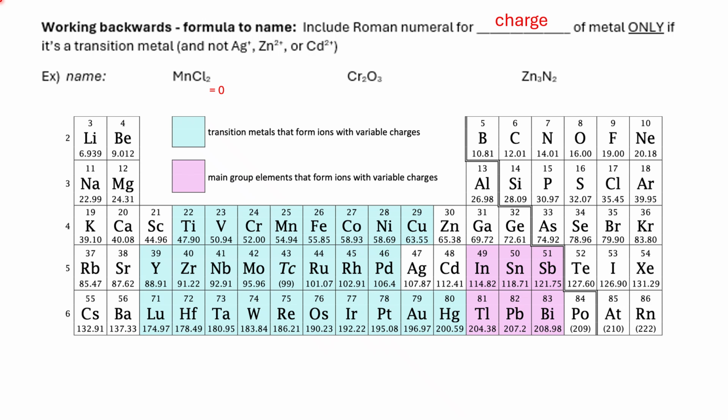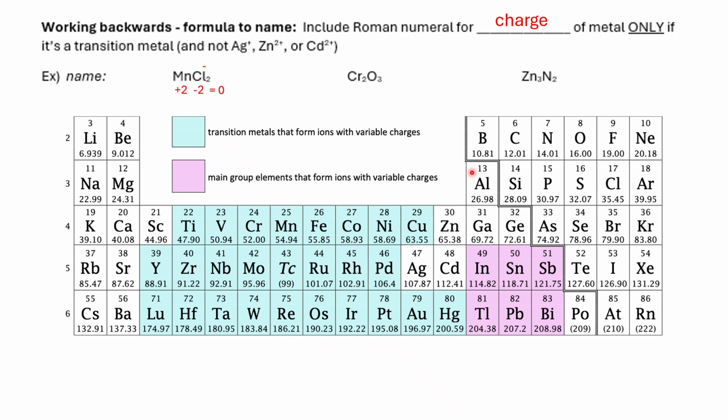We also know just by looking at the periodic table that chloride is -1, just like all group 17 elements. And we know that we have 2 of them, so if we multiply, we get -2 as our total negative charge, which means that if the total has to be 0, our total positive charge has to be +2, right?